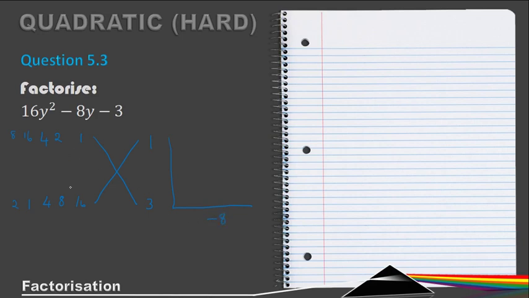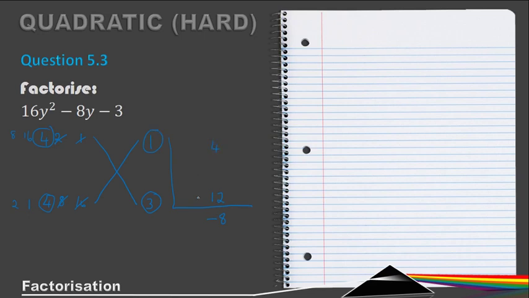So starting with the first set, we've got 3 and 16, so not going to work, so these we can cross out. Then we have 8 and 6, also not going to give us negative 8, so those we can cross out. Then we have 12 and 4, that might work. So you have 4 times 3, which gives us 12, and 4 times 1, which gives us 4.